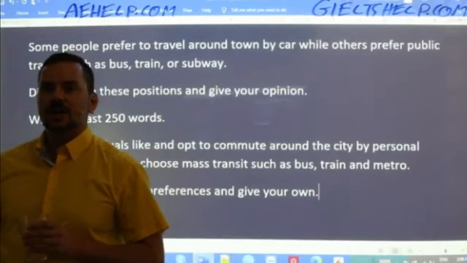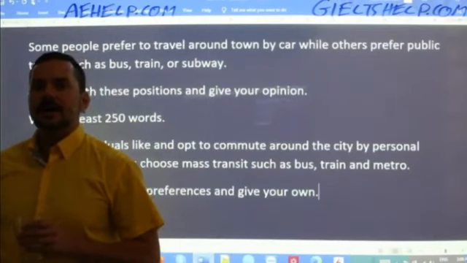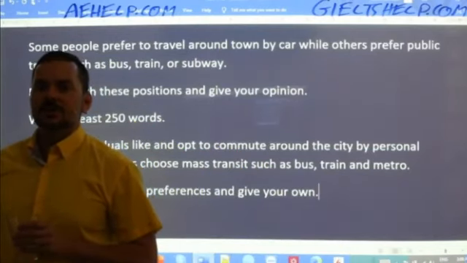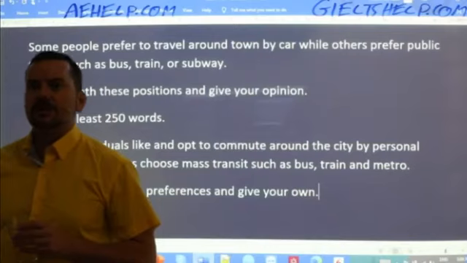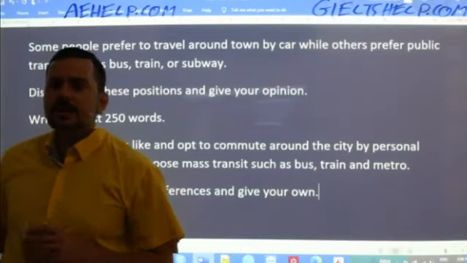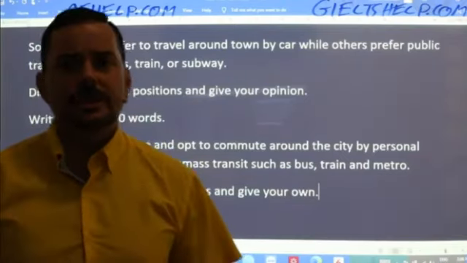Very good, Baekjun. Very good, Peya. Samuel says, while certain individuals prefer to travel by their personal transport, personal vehicle, a little bit better, Samuel, others favor public transport to do so. Okay, so good. Different ways and staying close, okay?